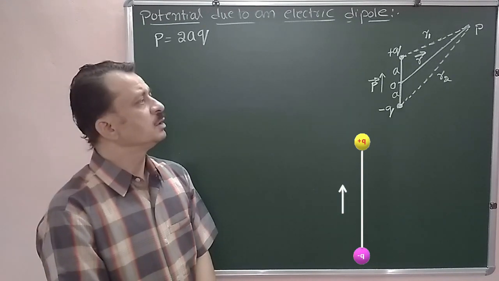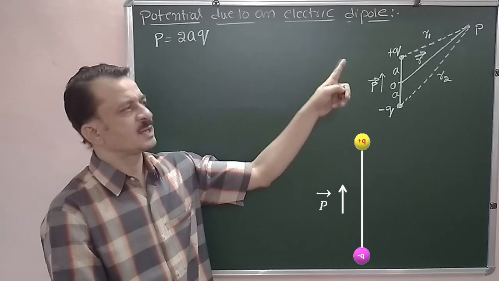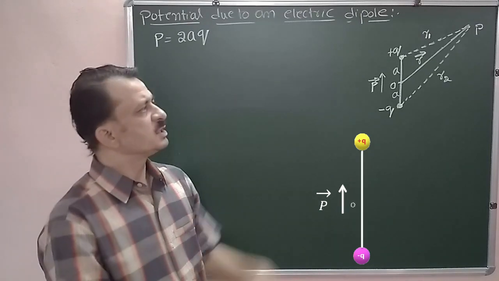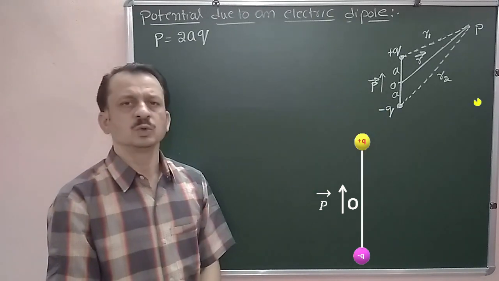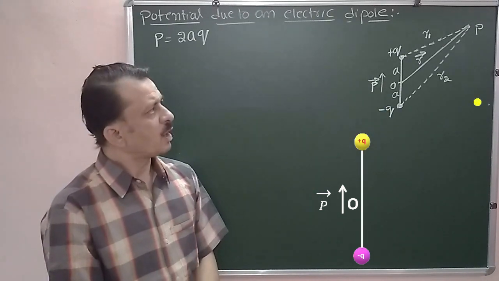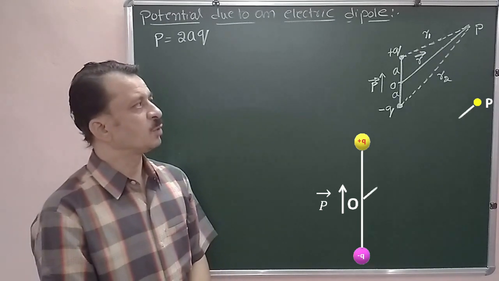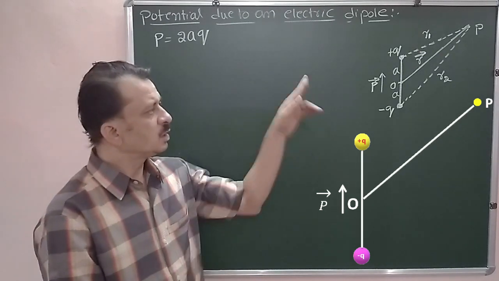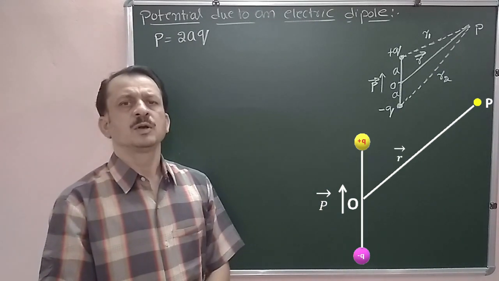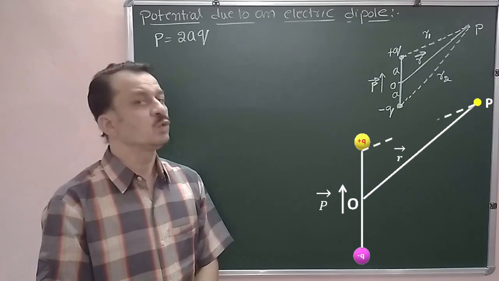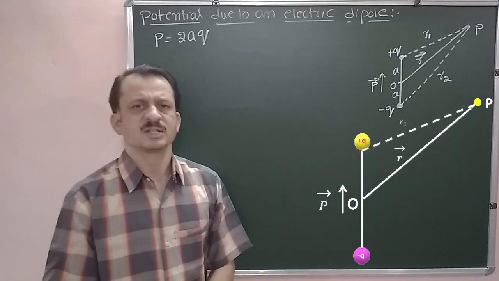Let me take the distance of the positive charge from the point as r1, and the distance of point P from the negative charge as r2. Now we have to find the potential at the point P due to the two-charge system. That we will work out by writing two equations independently for the two charges.